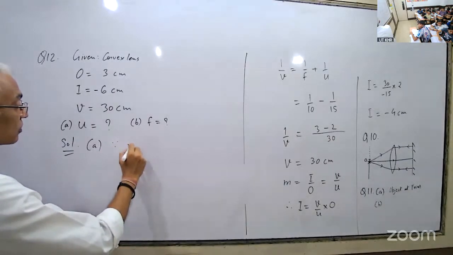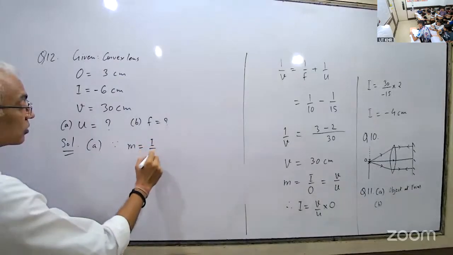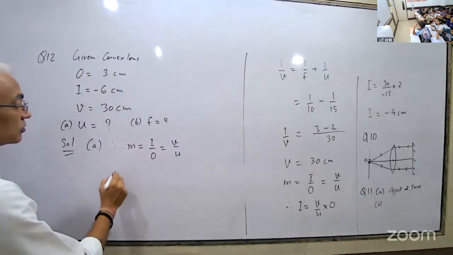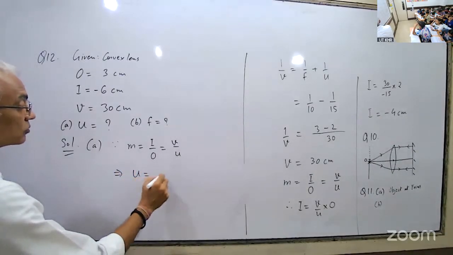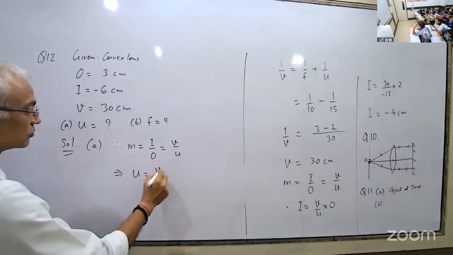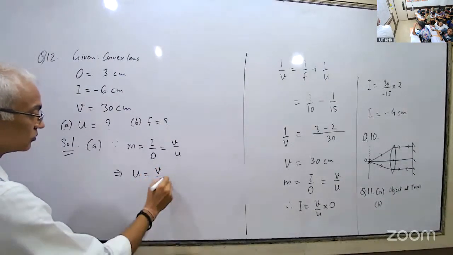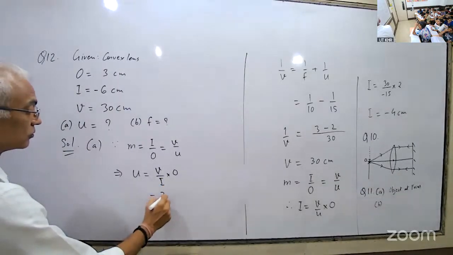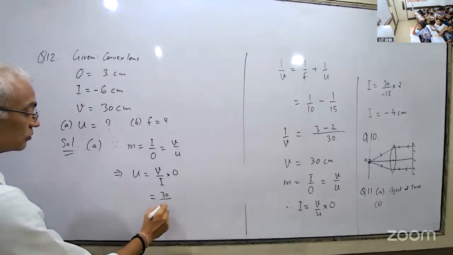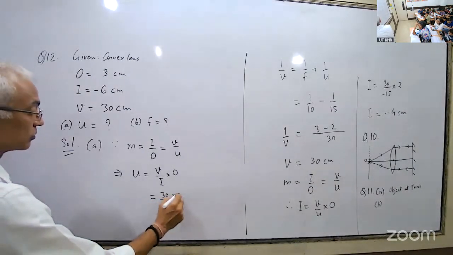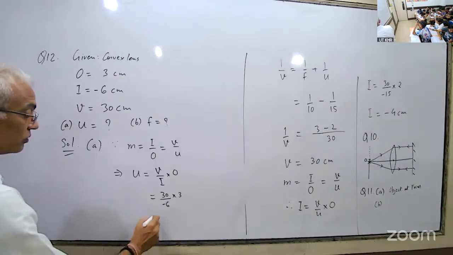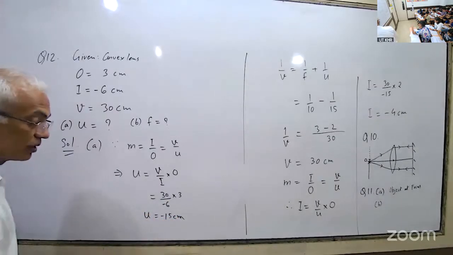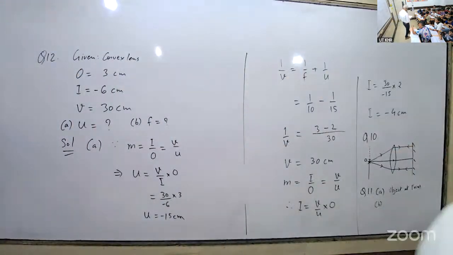Since we get U is equal to minus 15 centimeters.